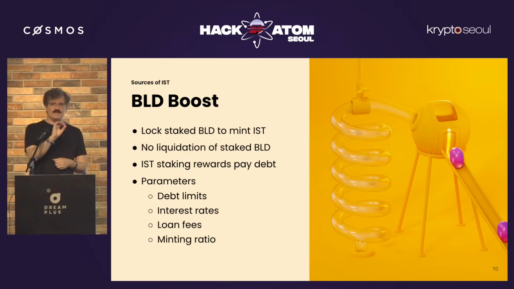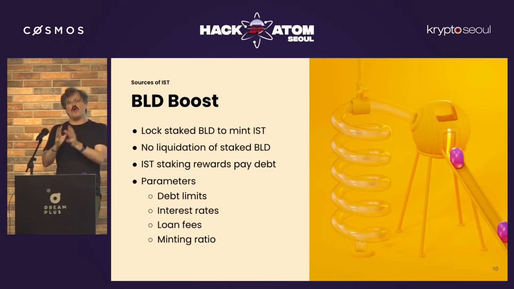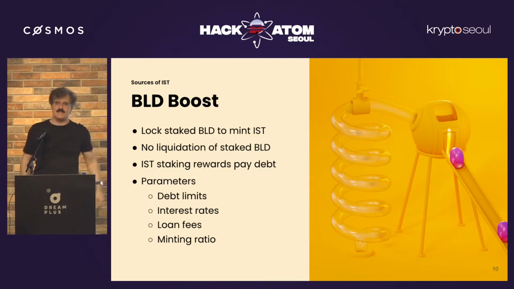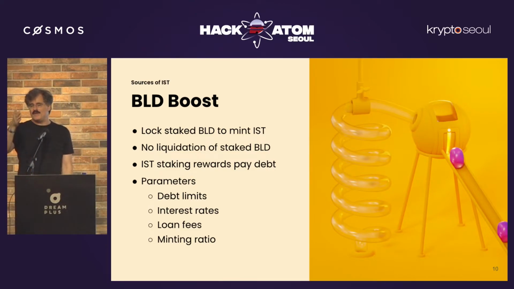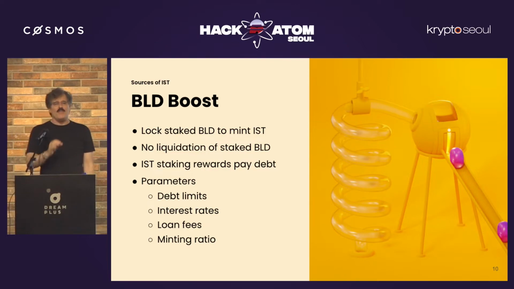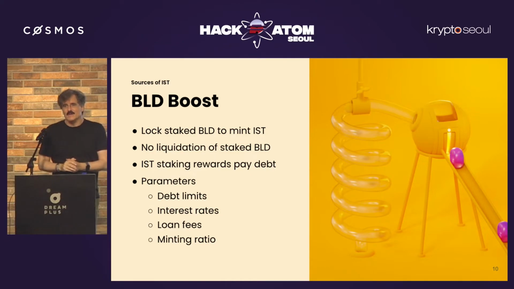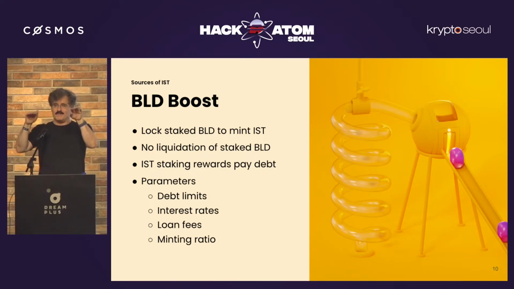But this is by far a small percentage compared to the IST that is minted against the interchain assets that come across. Right? This is where all of the elements, all of the extensible elements as we grow the mechanisms providing IST, are controlled by parameters like debt limits to ensure that a certain new asset type or new mechanism can't put the overall safety and security and solvency of the IST stable token at risk.